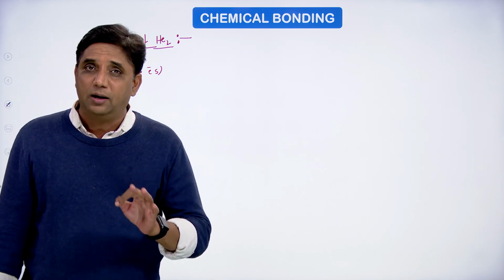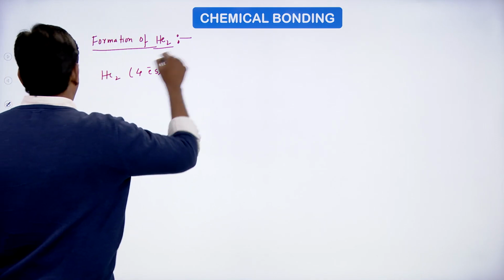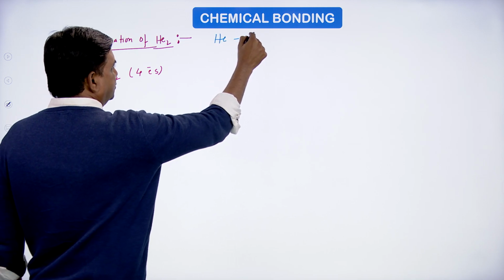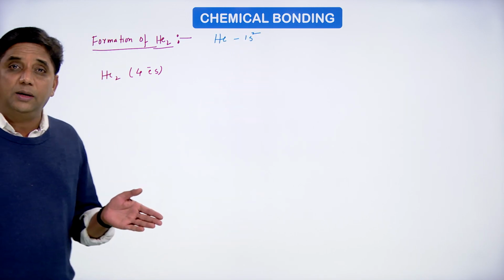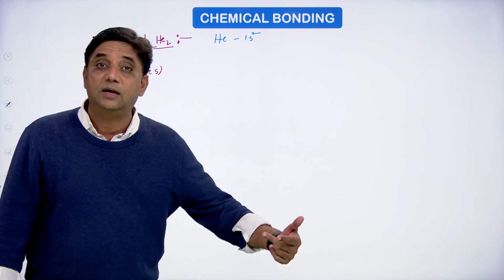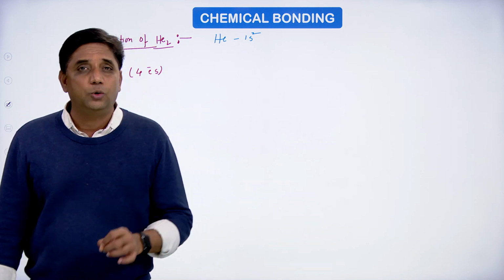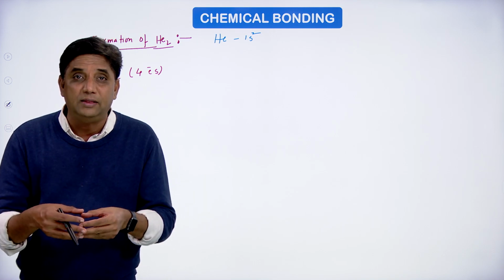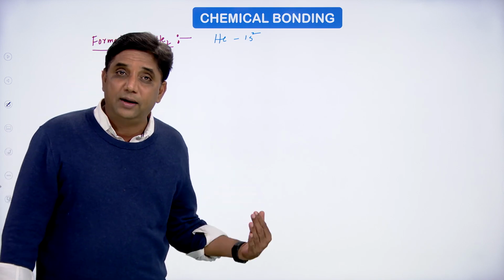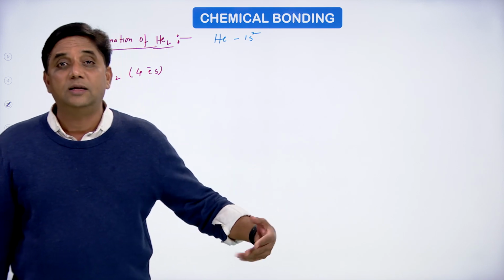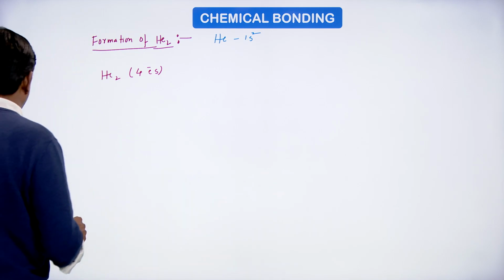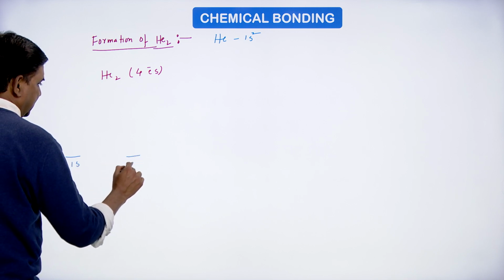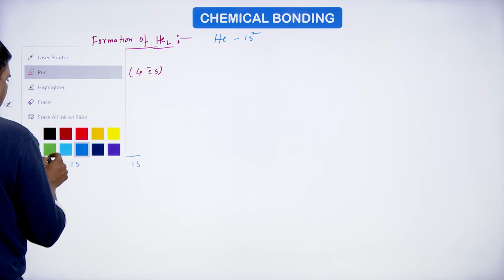The helium configuration is 1s2, 1s2. So the 1s orbital of one helium will combine with the 1s orbital of another helium. I already told you the orbitals of similar energy and similar symmetry will combine with each other, to give 2 orbitals.